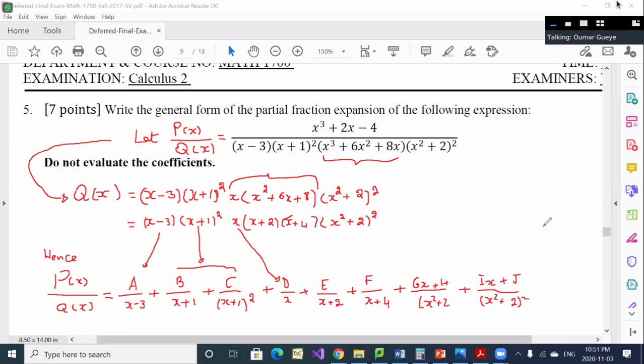Sir, what condition are we using, like Gx plus H? So we're using this one.